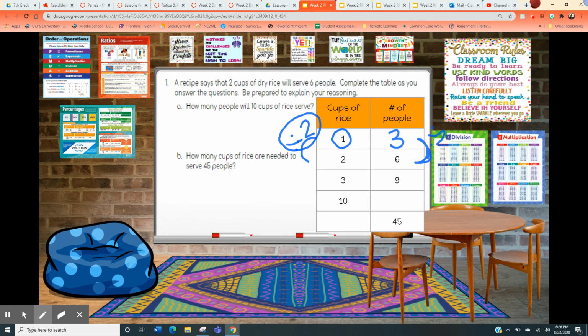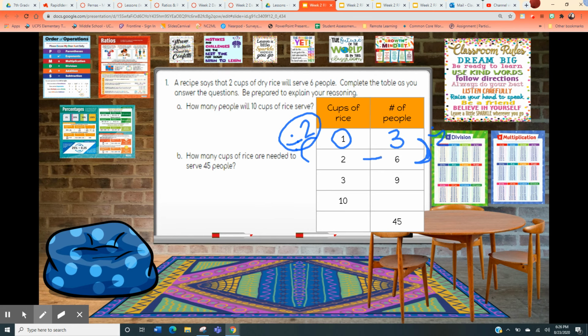So now that I know how many people 1 cup of rice can feed, I want to work my way down the table. So if I notice, for every 1 cup of rice is 3 people. And then I have 2 cups of rice feeds 6 people.